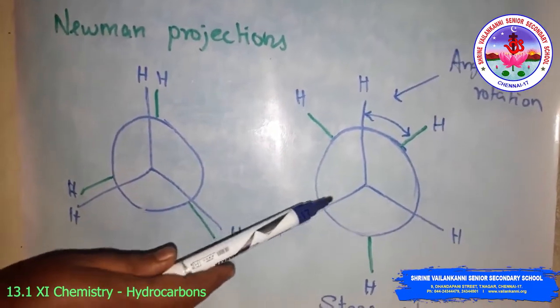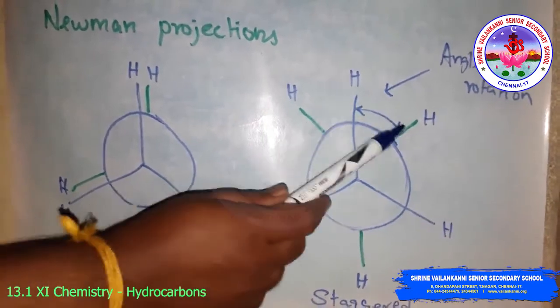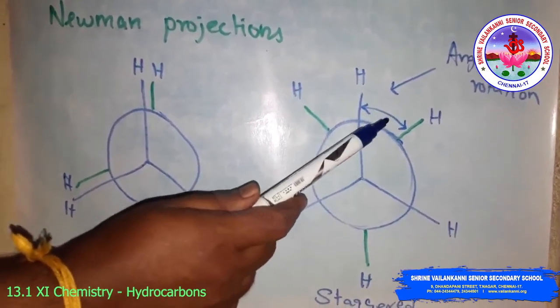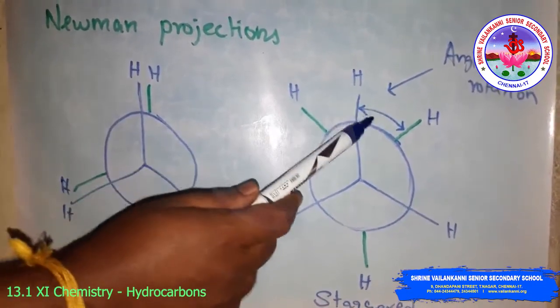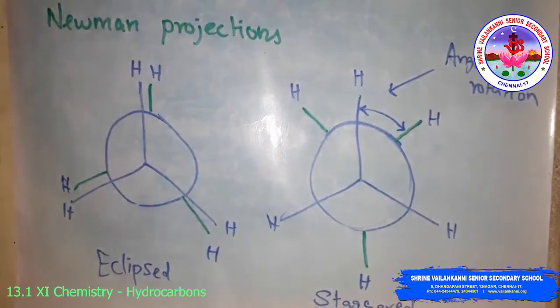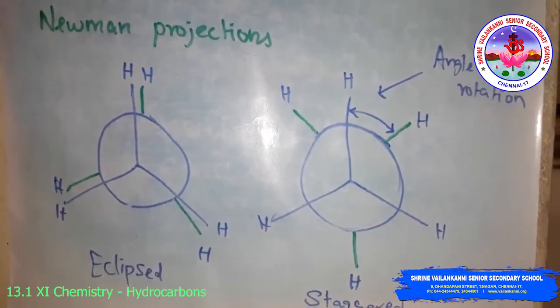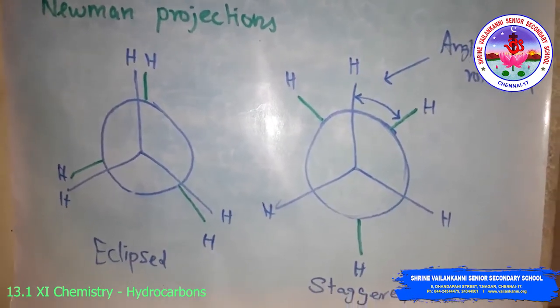Here also the staggered conformation is more stable. This angle is called the angle of rotation, angle of torsion, or dihedral angle. So these are the main conformations of ethane.